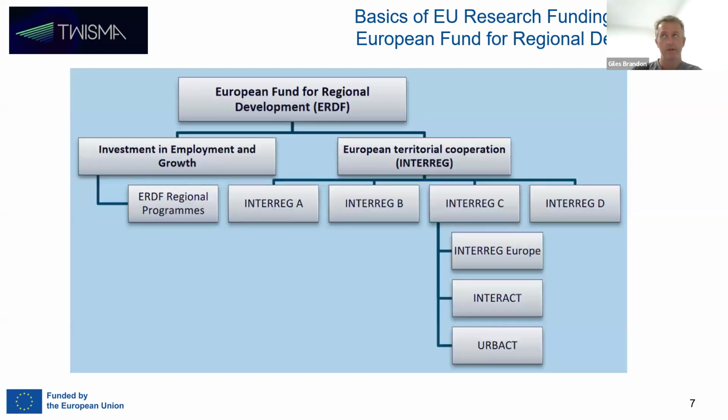Other funding schemes, this concerns less CERN and CNRS, but potentially ISMA in Ukraine. There are these European funding schemes for regional development. This figure gives a very high level view.